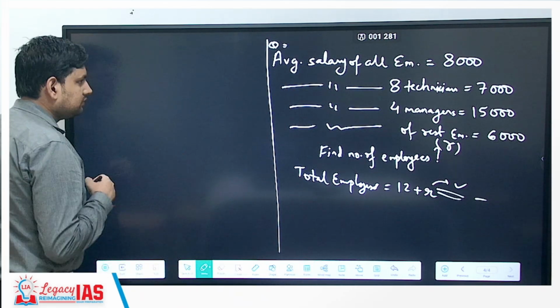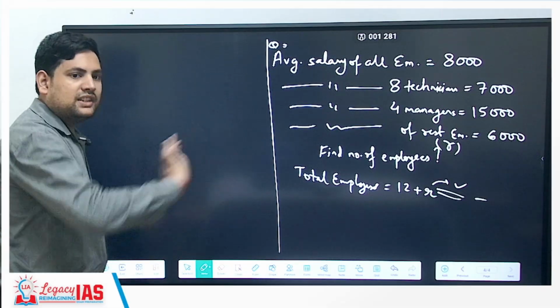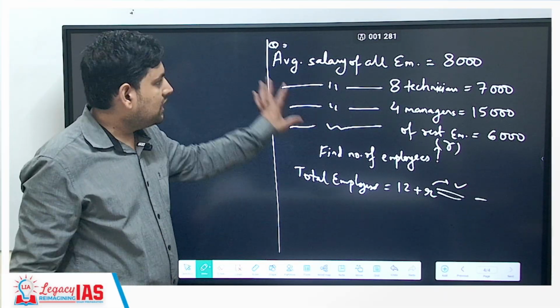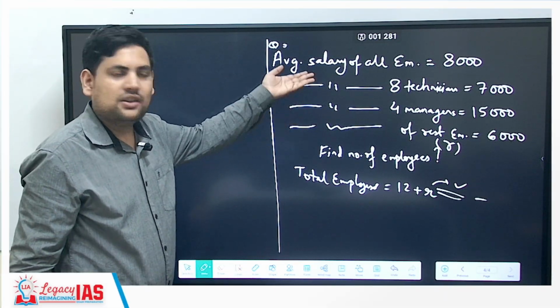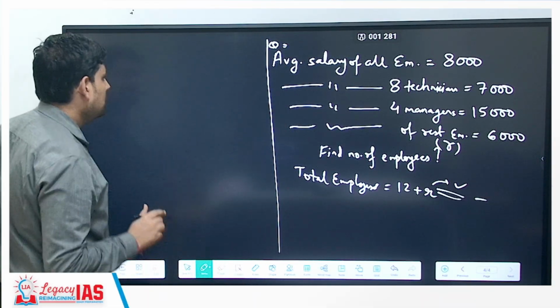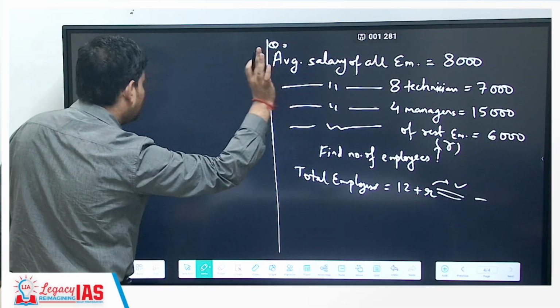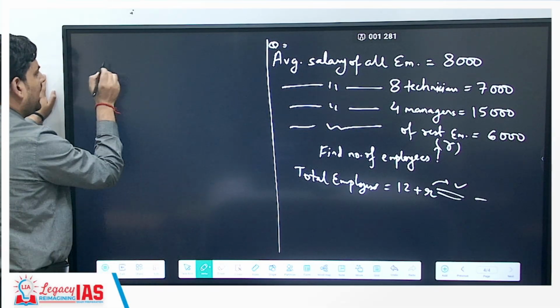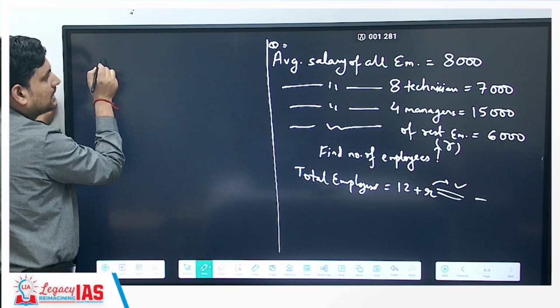Now let's start with the biggest average that is given to you. We'll write the formula for that and then we will use S is equal to A into N for all of them. Average salary of all employees is 8,000.